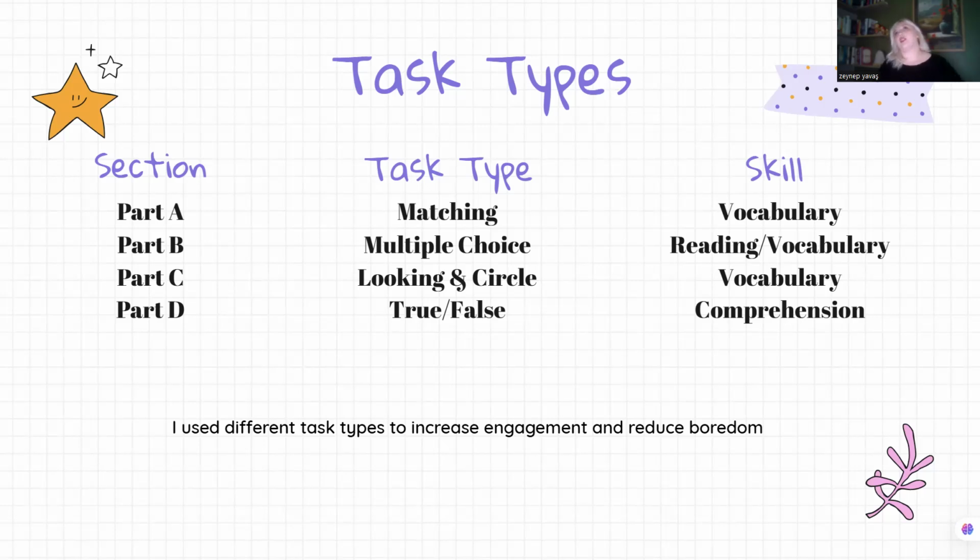As a teacher, I show a picture, and my students write the correct vocabulary according to the picture that I showed. In the last part, D, the task type was true/false and the skill was comprehension.